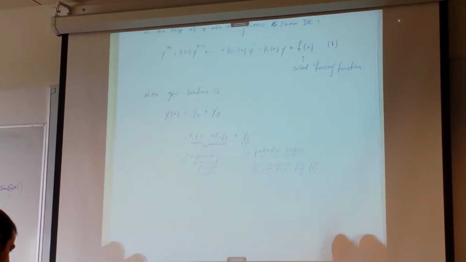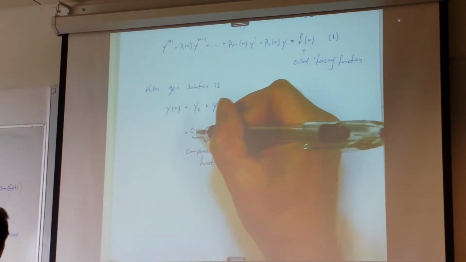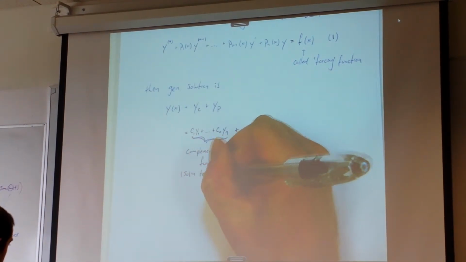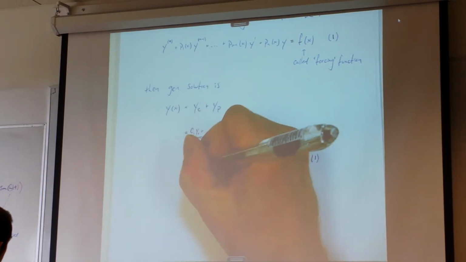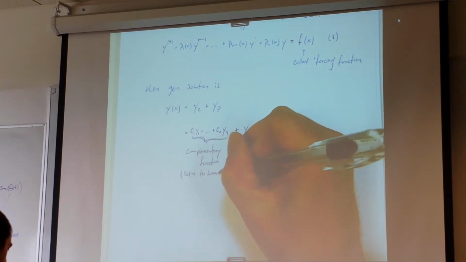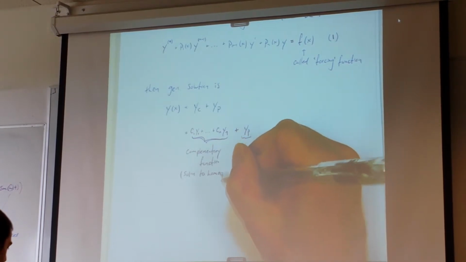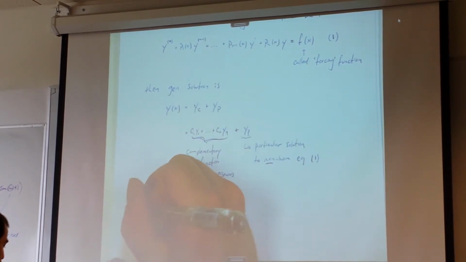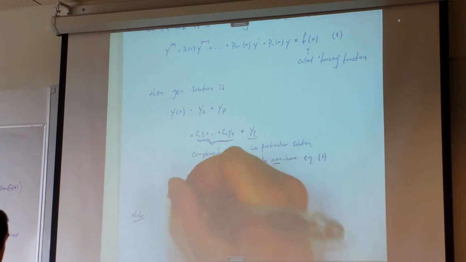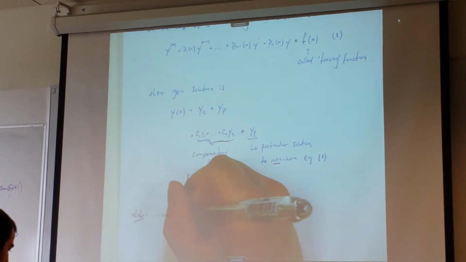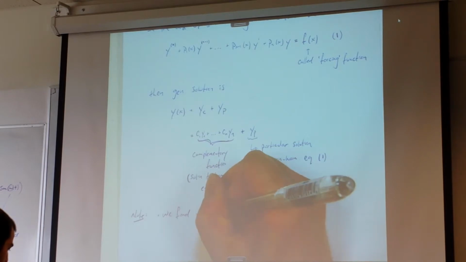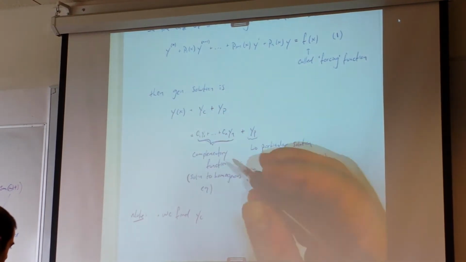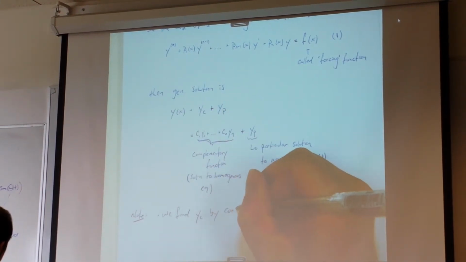So, some things to note. We've already talked about the process of finding the complementary function. It represents the solution to the related homogeneous equation. So y sub c represents the general solution to the associated homogeneous equation.